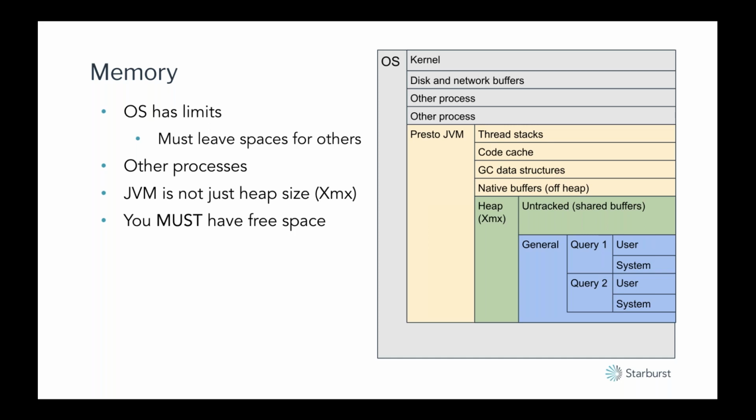And the JVM actually allocates these for itself, and the Java programs will allocate these for themselves. There are config options in the JVM to control the size of this, and you need to set them. In this presentation, I don't go into exactly how you configure the JVM in Presto.